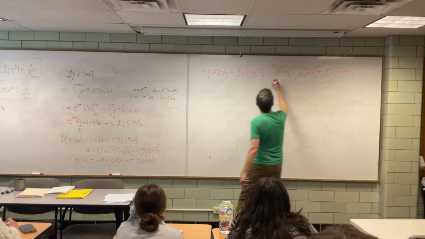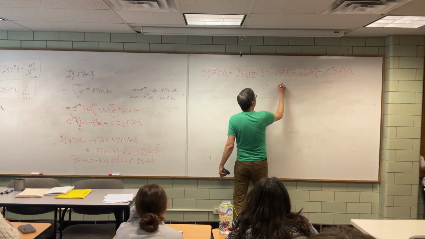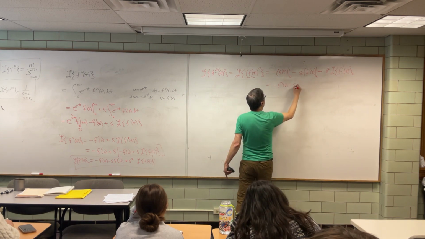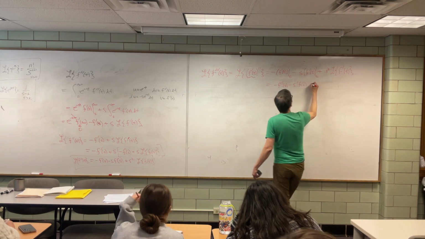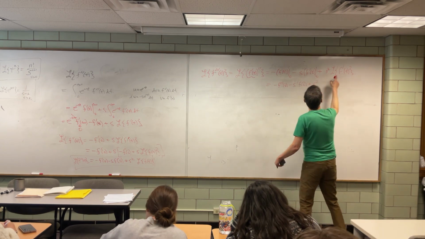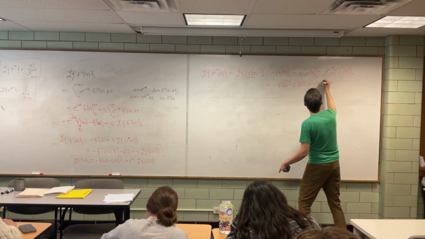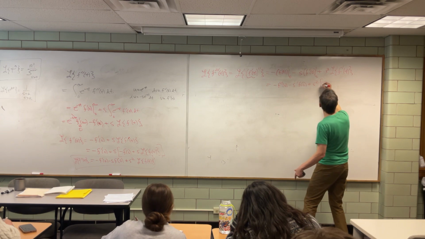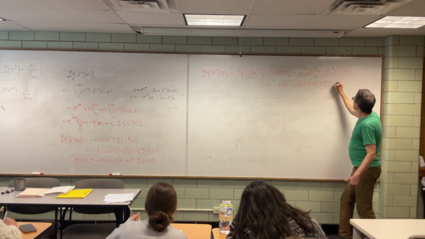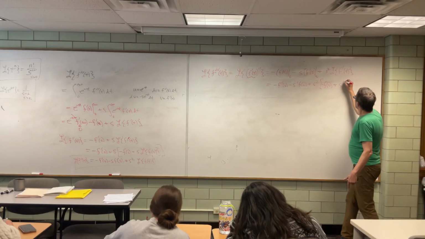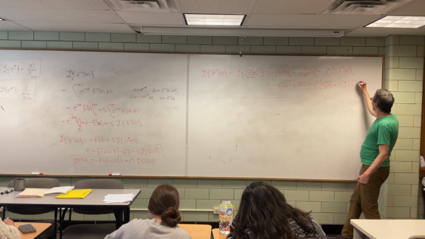And then if I simplify this, this is just negative f double prime at 0 minus s f prime at 0 plus s squared times the Laplace transform of f prime, but that was what? Negative f at 0 plus s times the Laplace transform of f.